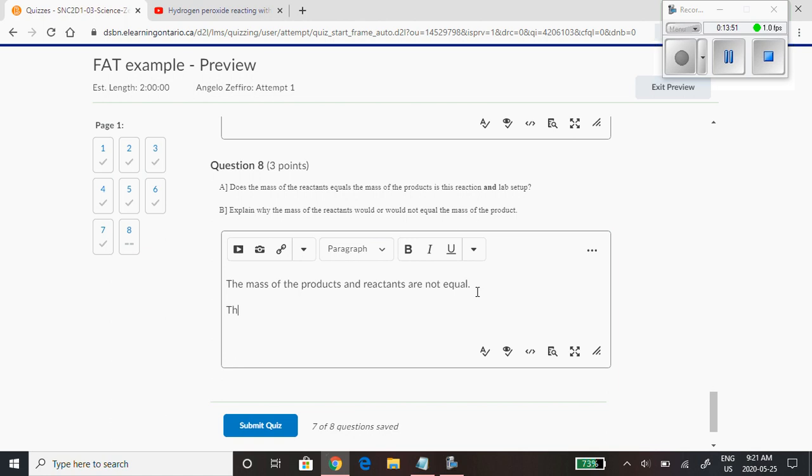Okay, the masses are not equal because oxygen gas was produced and it escaped from the test tube.